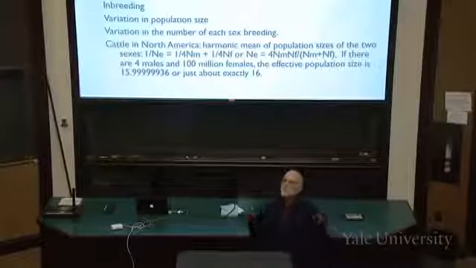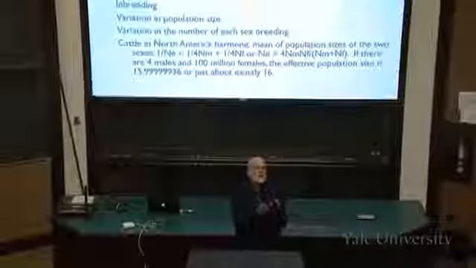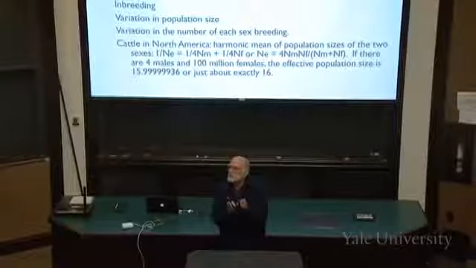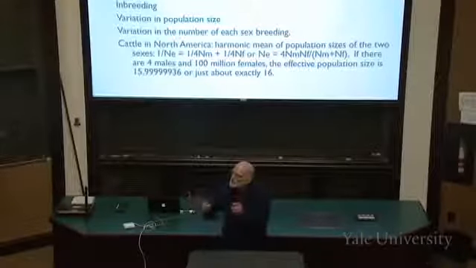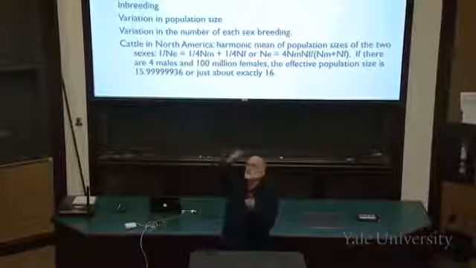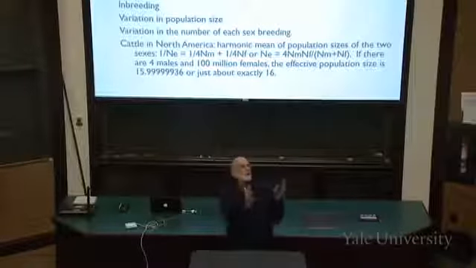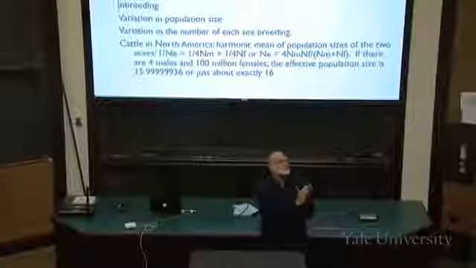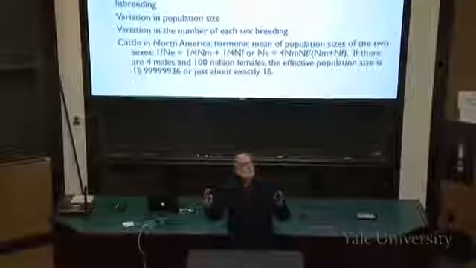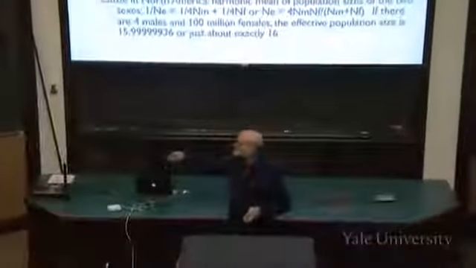By restricting one sex to a very small number, we have restricted one pathway that the genes can go through to get to the next generation. And by making the male side of it so small, we have biased the probability that a gene will get fixed according to some process like this.